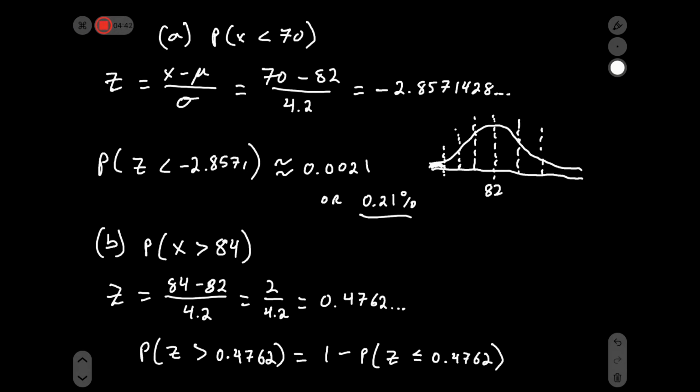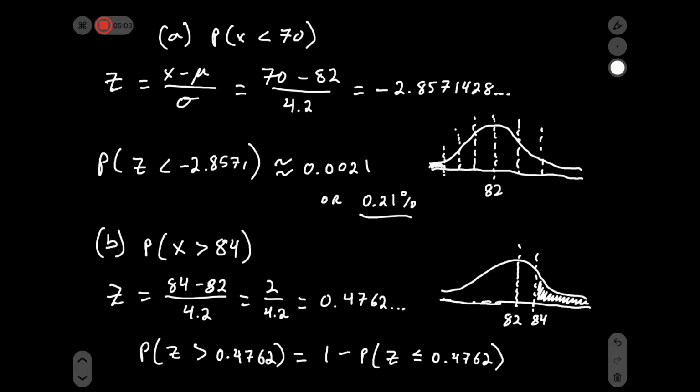In other words, what are we trying to find here on this graph of the distribution? We're essentially trying to find this area here.